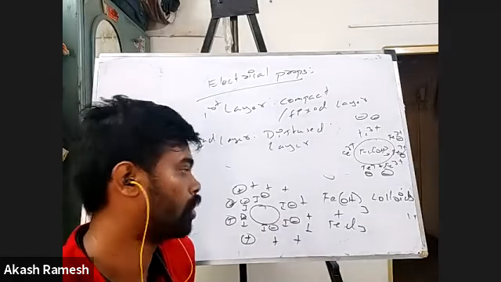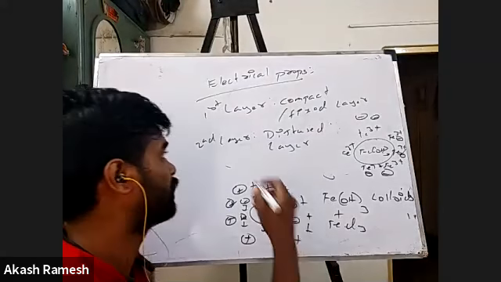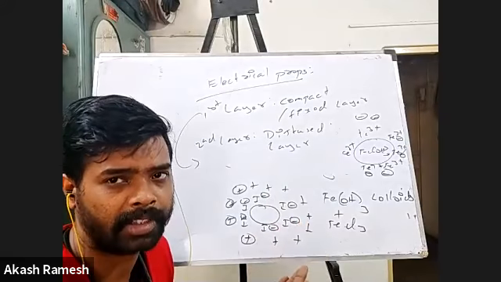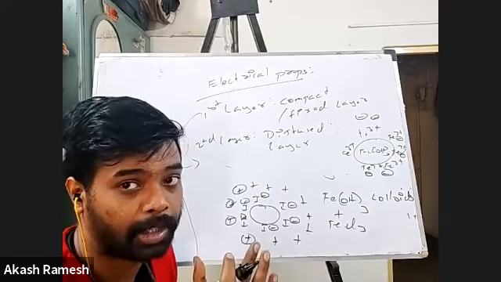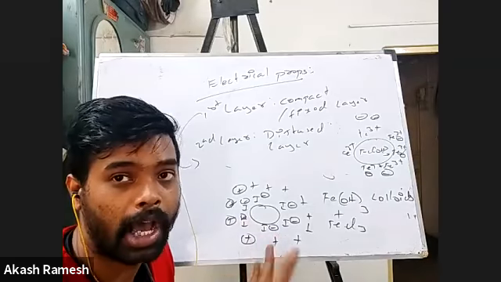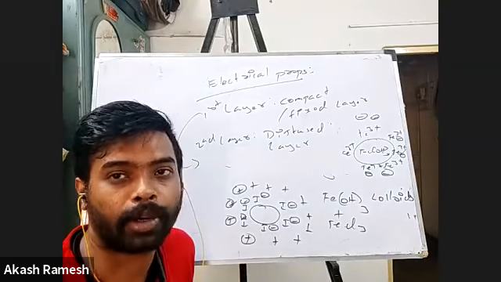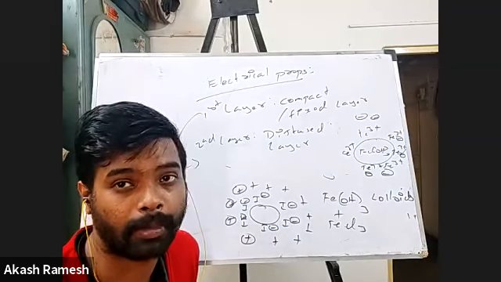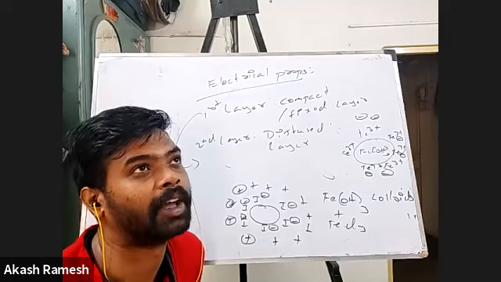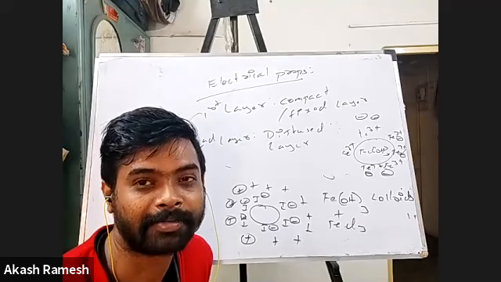Now obviously, for the first layer, I would have a potential developed. I'm not saying potential difference, I'm saying potential. When you have charges, as you would have studied in electrostatics, the potential depends on the magnitude of charge: 1/(4 pi epsilon naught) times Q divided by R. Am I right?